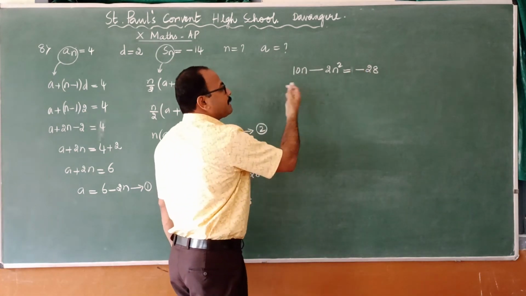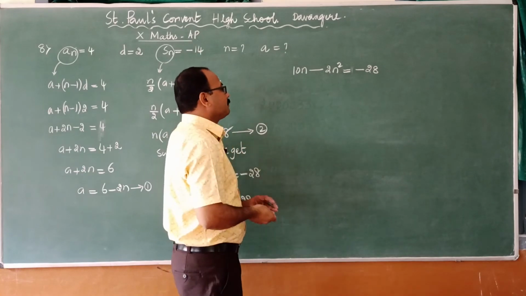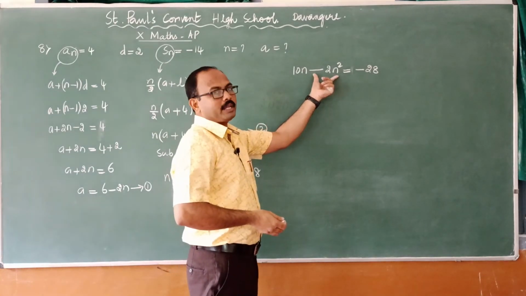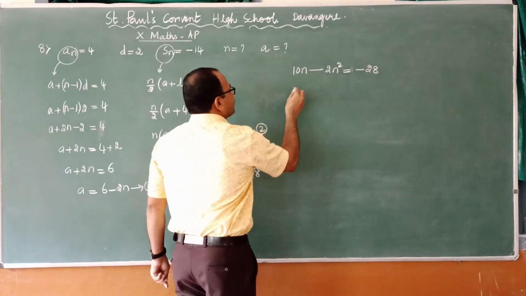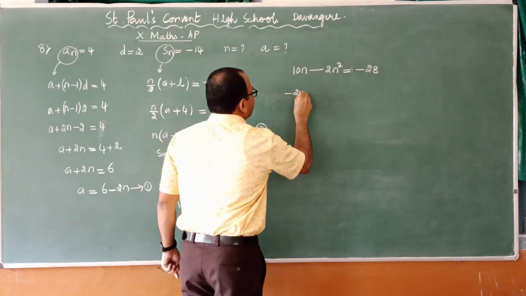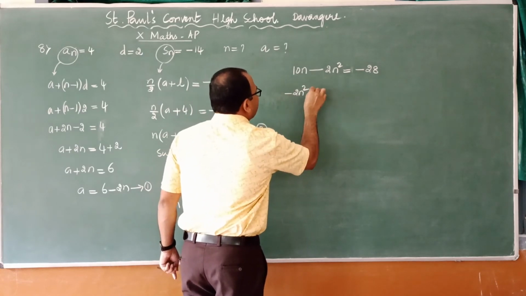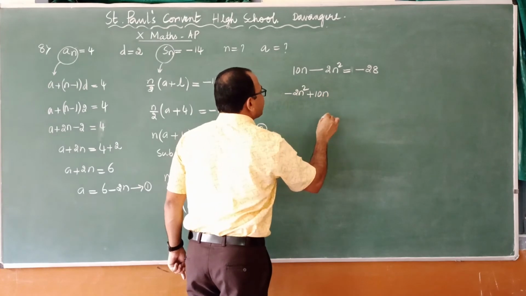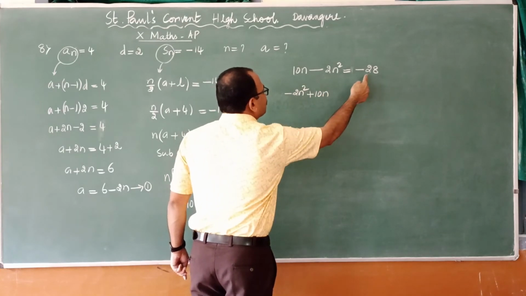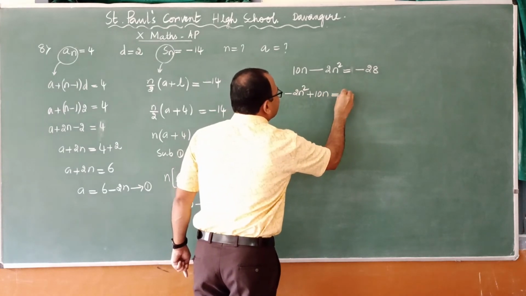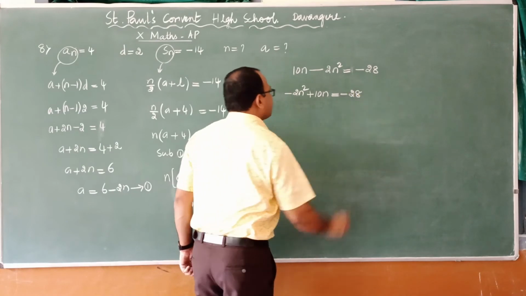Now, if we write it in the standard form, children, first minus 2n square comes, next plus 10n comes, and this will be equal to minus 28.